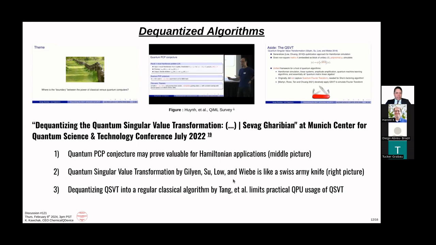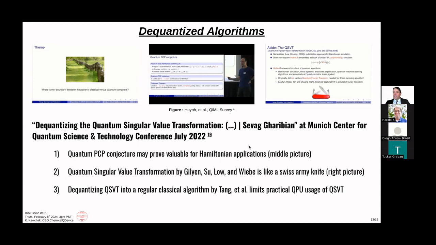This particular presenter, he says he's working on this conjecture, quantum PCP conjecture. He hasn't been able to prove it yet, like with the QSVT. But from my perspective, there's not a ton of people that are focused on this. But if it gets to the point that we're just dequantizing all quantum algorithms and just running them on classical, that's a good alternative.